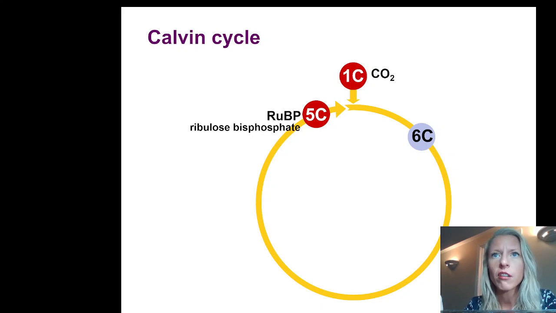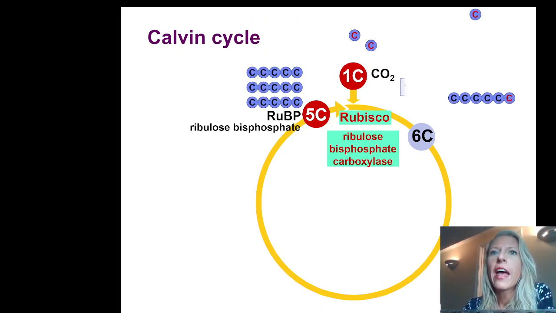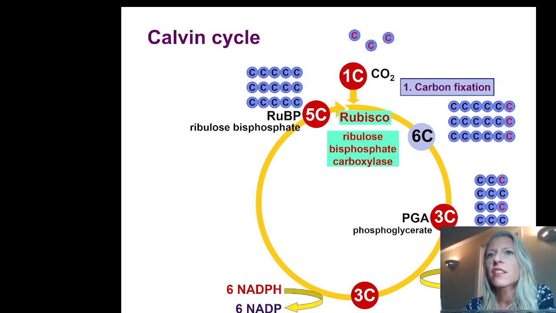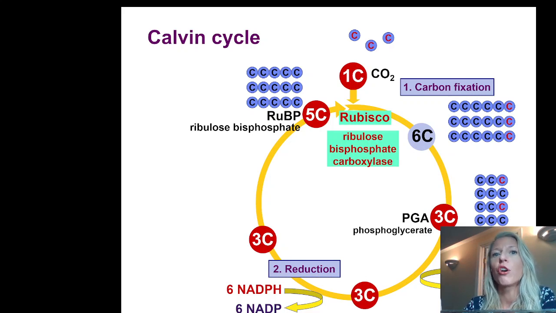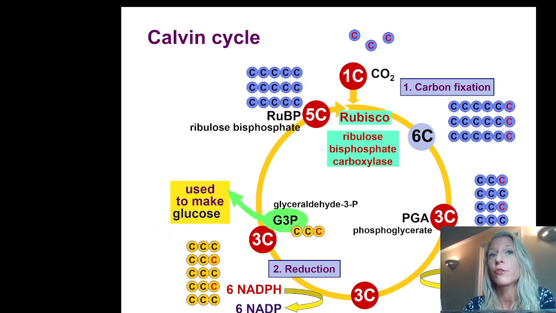In the Calvin cycle, we have Rubisco, which is the most abundant enzyme on the planet. We first undergo what's called carbon fixation, which forms PGA. Then we undergo carbon reduction, which produces G3P, a sugar that can be made into many other sugars and glucose.